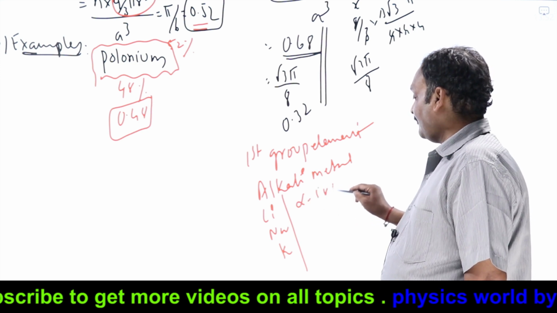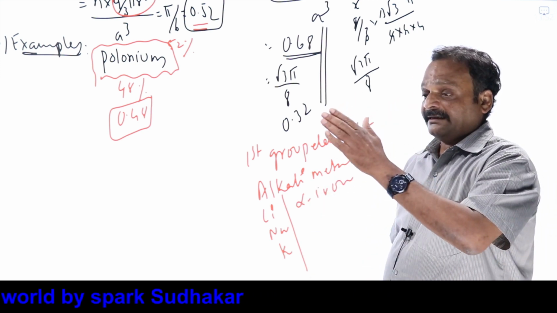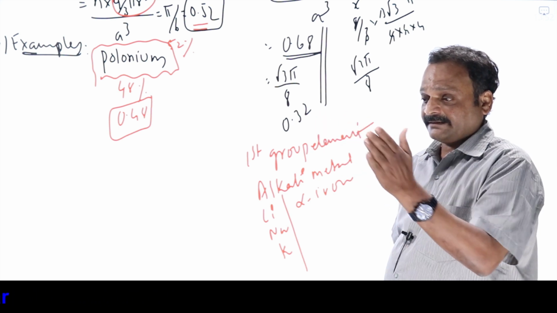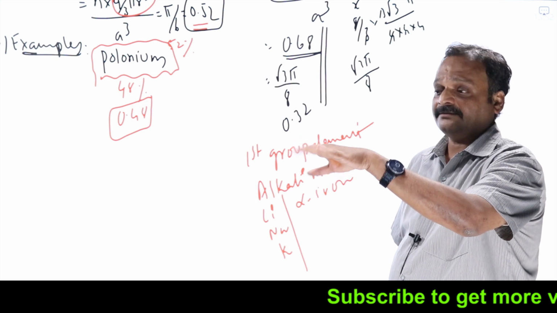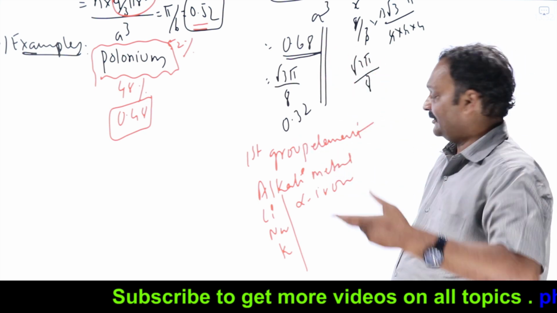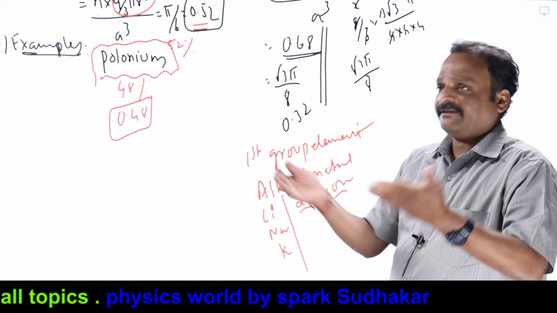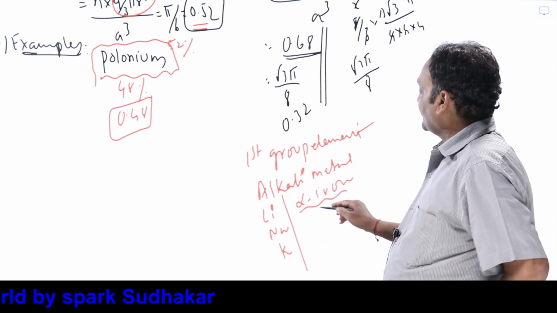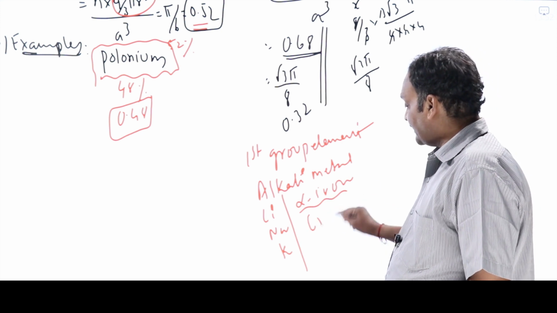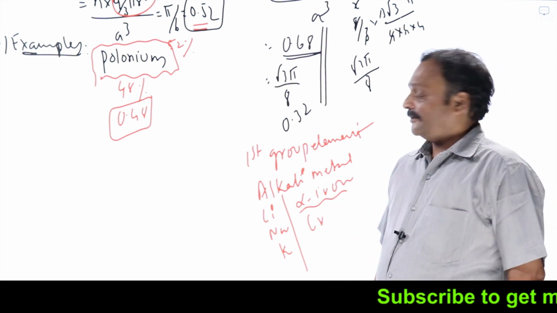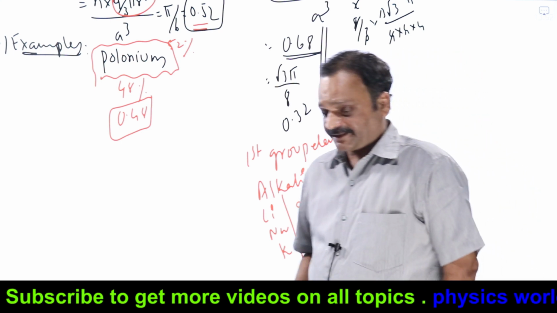Next one is alpha iron. Up to a certain temperature, iron will have BCC structure. Beyond a particular temperature, it will go into FCC, known as beta iron, gamma iron, like that. What is alpha iron? Alpha iron is iron as we see it in everyday life at normal room temperatures. And chromium is also another example of BCC structure. So these are all the elements having BCC structure.